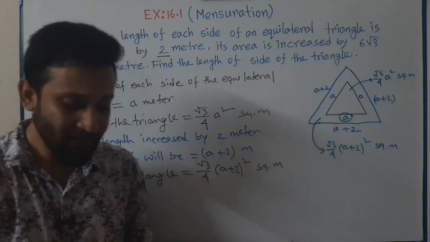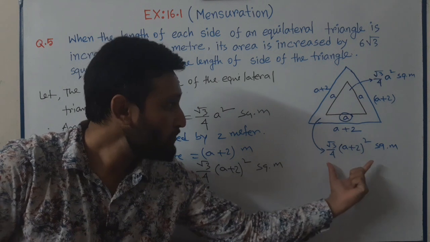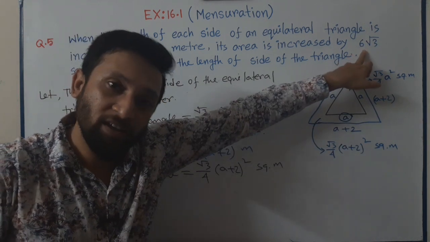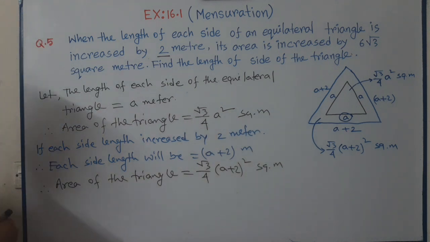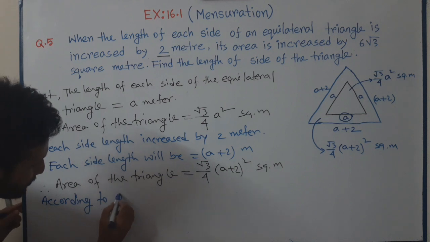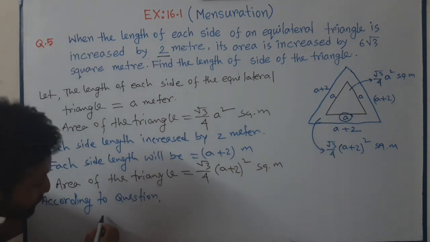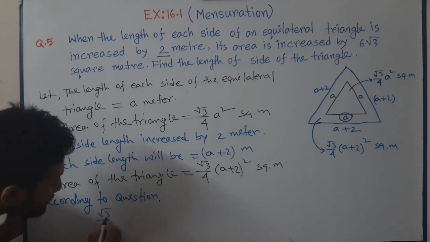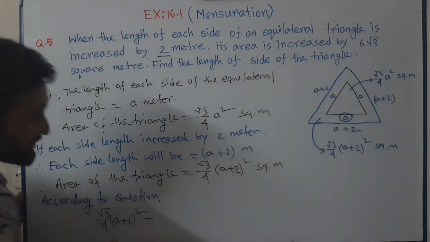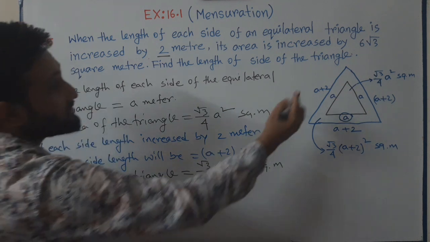In this figure it is clearly seen that if we subtract the previous triangle's area from the new triangle's area, we get the increased area, which is 6 root 3 square meters. So according to the question, the new equilateral triangle area, root 3 by 4 (A plus 2) squared, minus the previous triangle area, root 3 by 4 A squared, is equal to the increased area, 6 root 3.